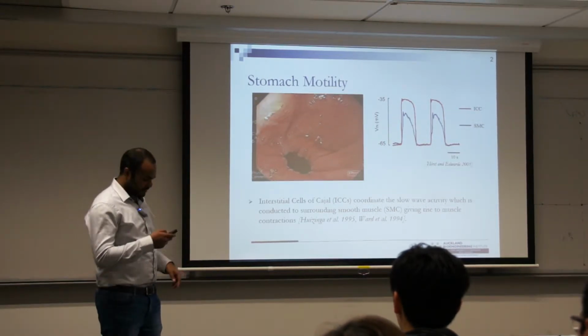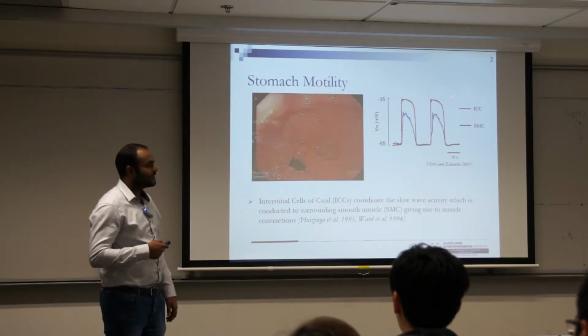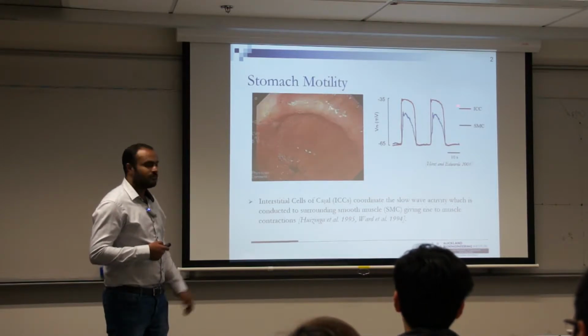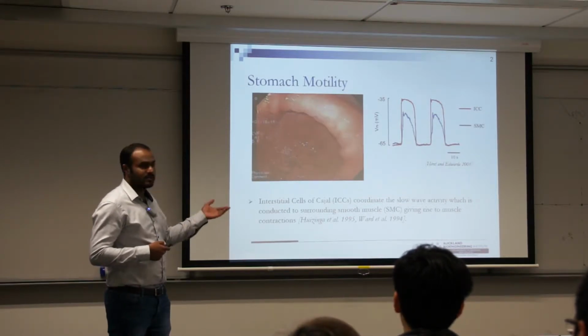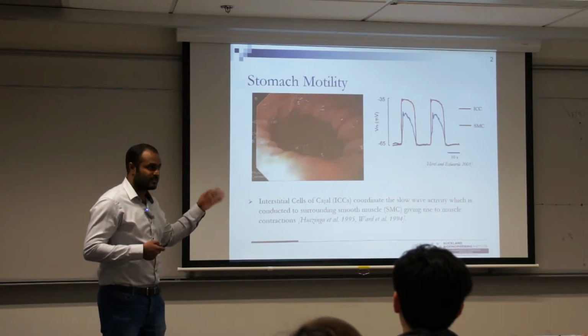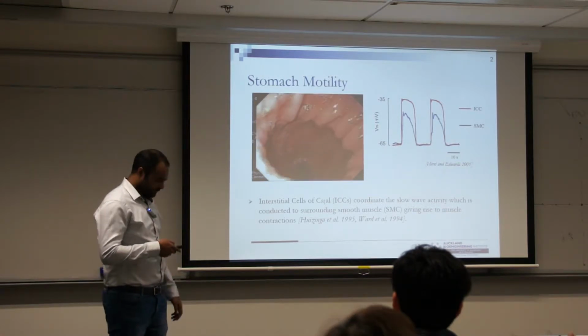On the top right-hand corner is an intracellular ICC and smooth muscle cell recording, a simultaneous recording. From this it's quite obvious that the ICC generates first and the smooth muscle cells are affected later.